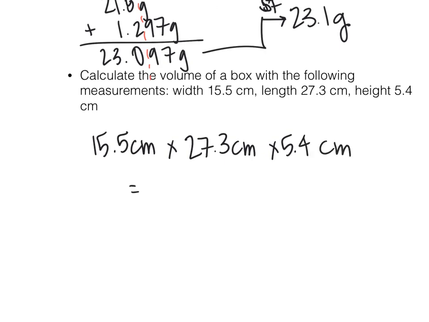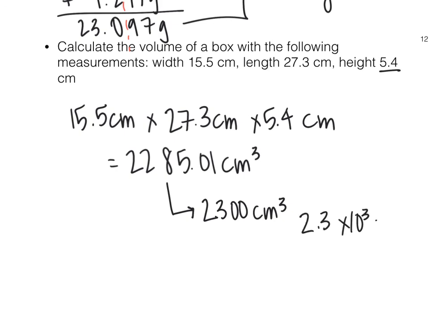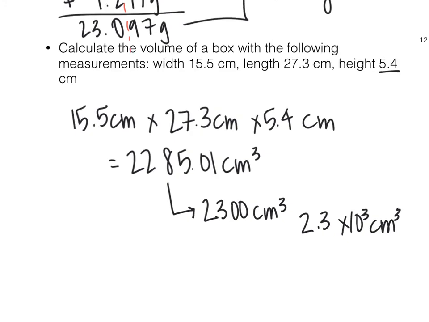When we plug this into our calculator, you should get 2285.01 cubic centimeters. Now we need to pare back our significant figures. This 5.4 is going to control that since it was multiplication. So we just get 2, which is 2,300 cubic centimeters. In significant figures, that would be 2.3 times 10 to the third cubic centimeters.